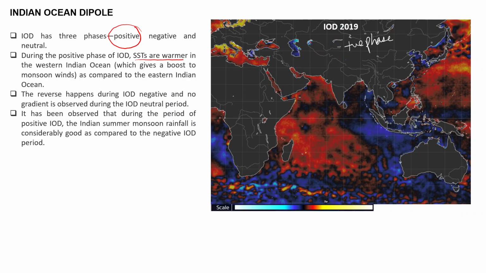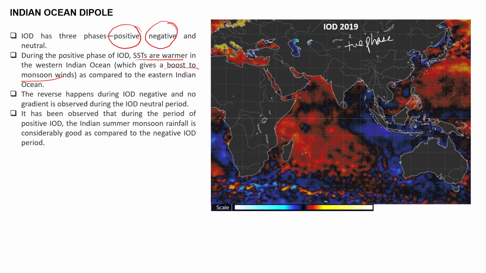Once the sea surface temperature on the western side is warm, it will cause a lot of evaporation, a lot of moisture content will be there, and it will boost the monsoon winds. While in a negative phase, it becomes exactly reverse. In the negative phase, the eastern side of the Indian Ocean becomes warmer than the western side.